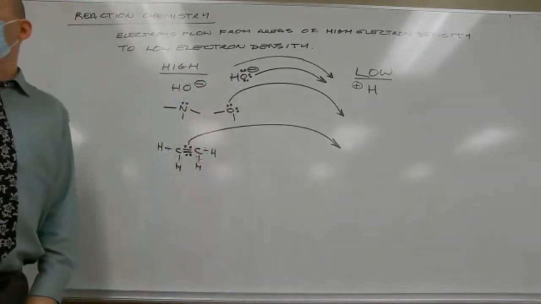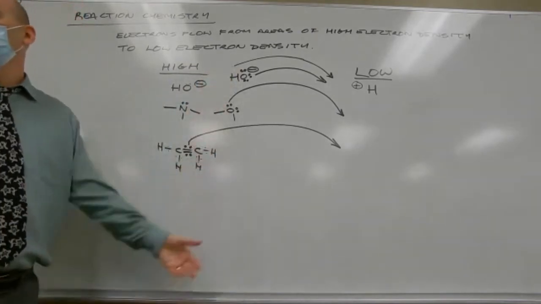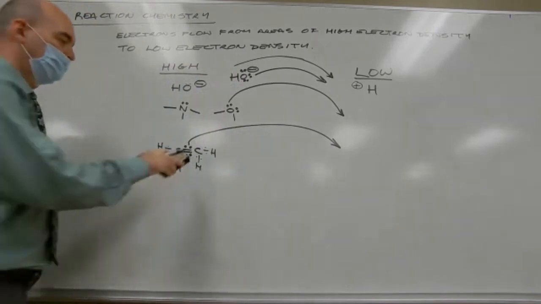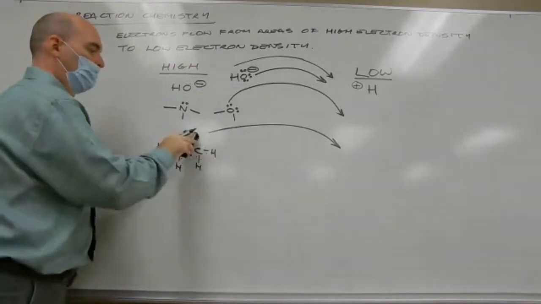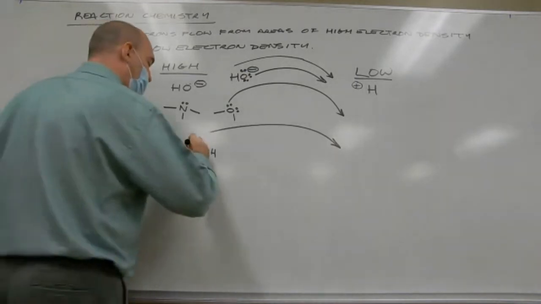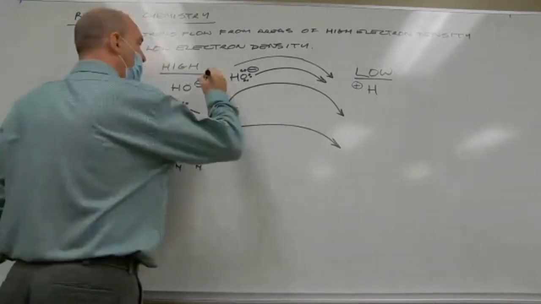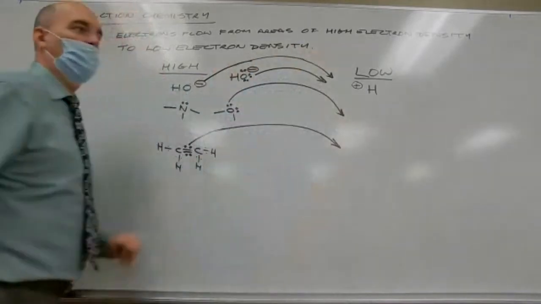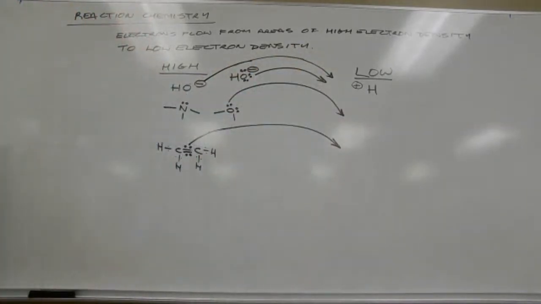If your arrow starts here, I can't tell. If your arrow starts here, I can't tell. And if I can't tell, I can't give you the grade for it. Show me where the arrow comes from. Show me where the arrow goes to.